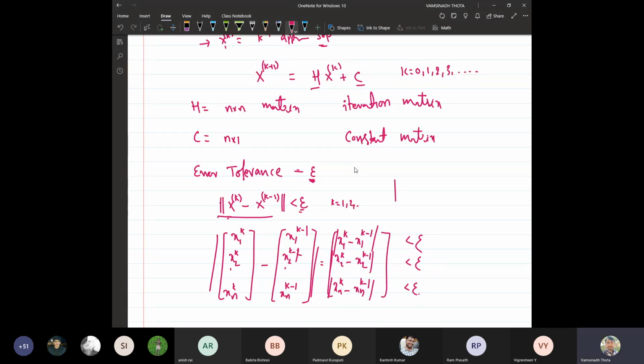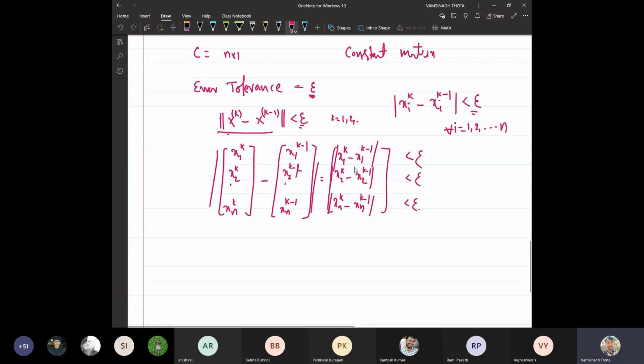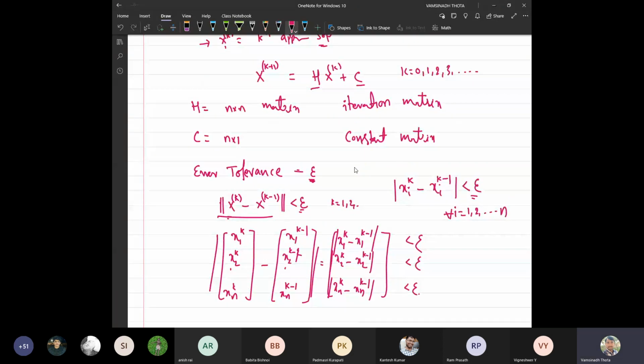That is, the modulus of the kth iteration approximate solution for the ith variable minus the approximate solution for the ith variable in the k minus 1 iteration should be less than epsilon for all i equal to 1, 2, and so on up to n. If this happens, you can terminate the algorithm and say that this is the approximate solution I have. This is one way of terminating the procedure.